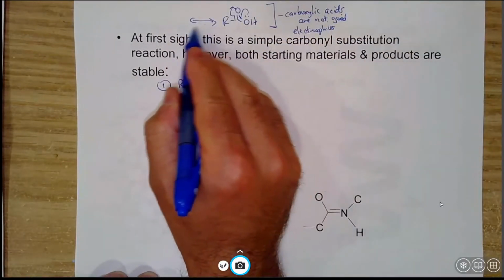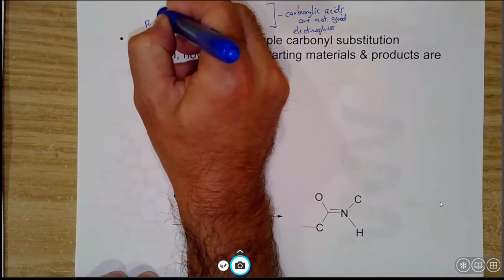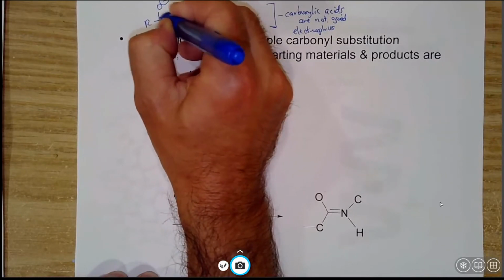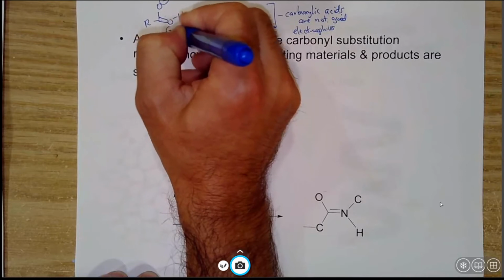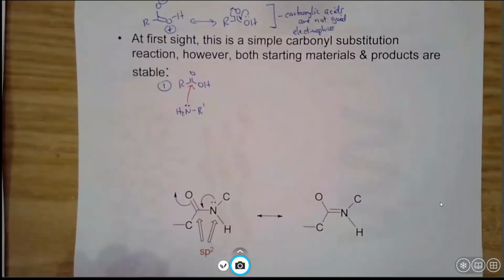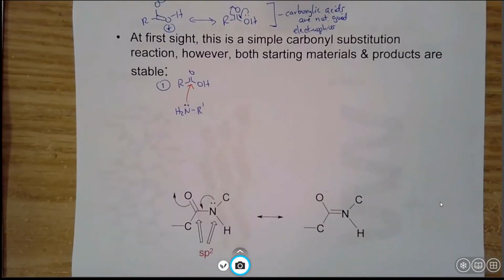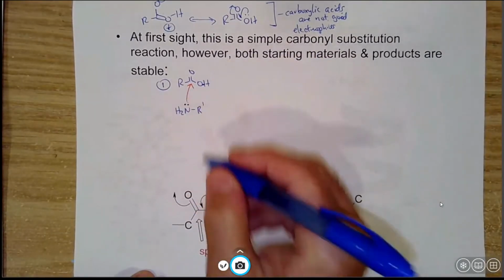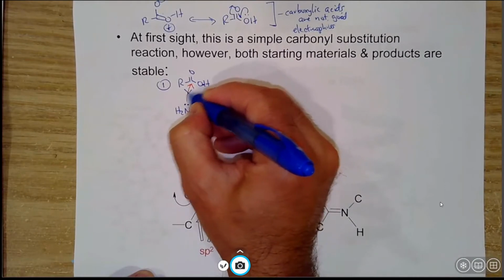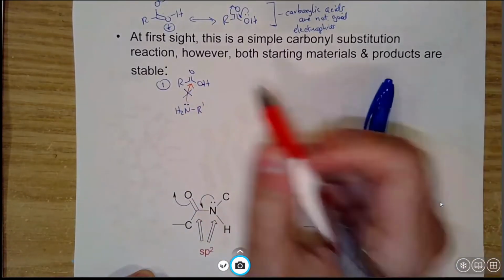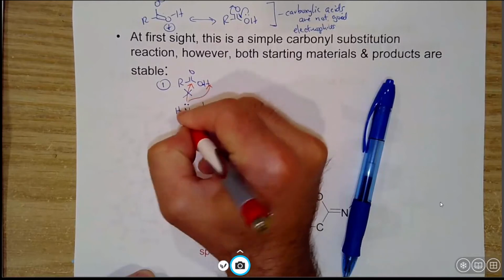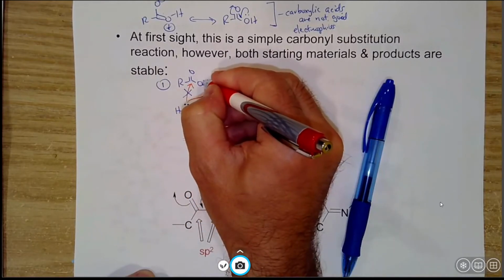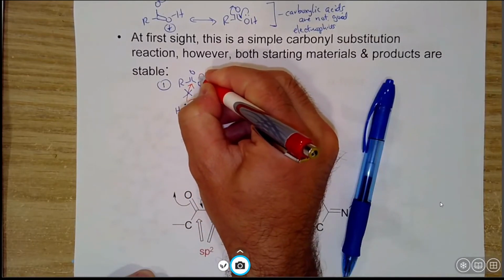So I'm going to draw my double-headed arrow here. And here you can see that through electron delocalization, you can now have this species that looks like this. Not the best resonance structure, so not the best electrophile. The other thing that makes things more challenging is that the amine nitrogen reacts with this proton here.